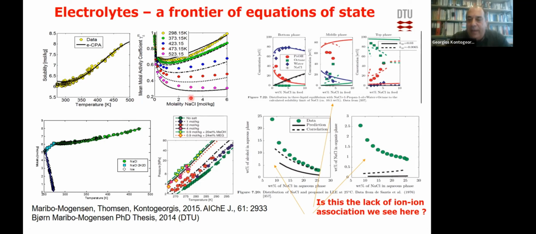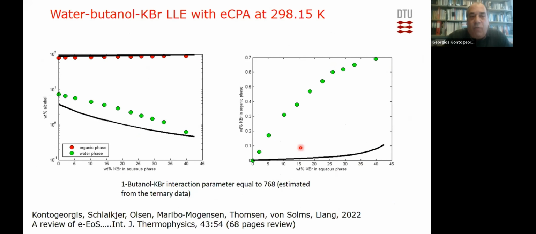For example, this is the system here with water, propanol, sodium chloride, and we have liquid-liquid equilibria, and particularly the composition of the salt in the organic phase is very poorly calculated. And this is not a random result. It's the same that we get here for water, butanol, potassium bromide, even though there is a butanol-potassium bromide interaction parameter obtained from the ternary system.